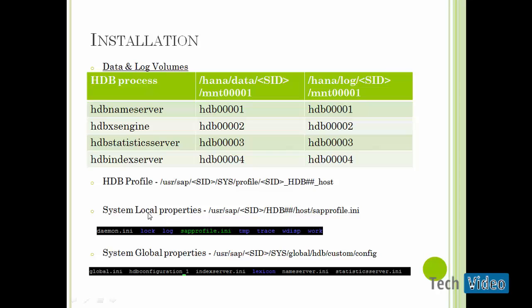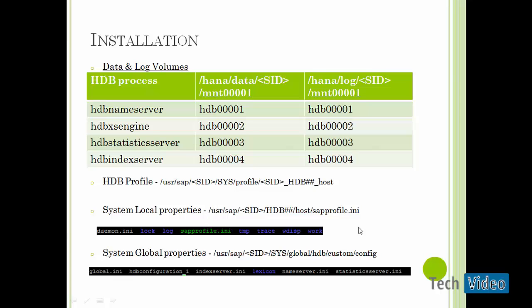Local properties will specify host level parameters, with values applicable only to that particular host, whereas global properties will have system global values, which are globally applicable for all the hosts, that is for the entire system, whereas local properties are only for this particular host. That's why it's stored under the directory host.